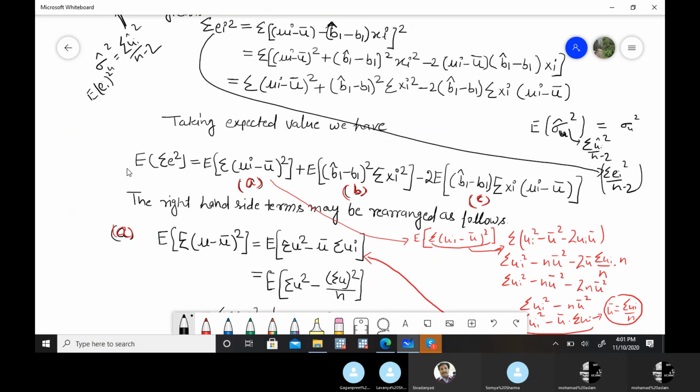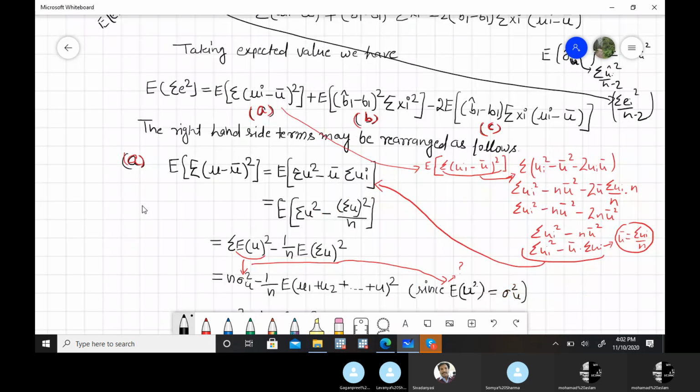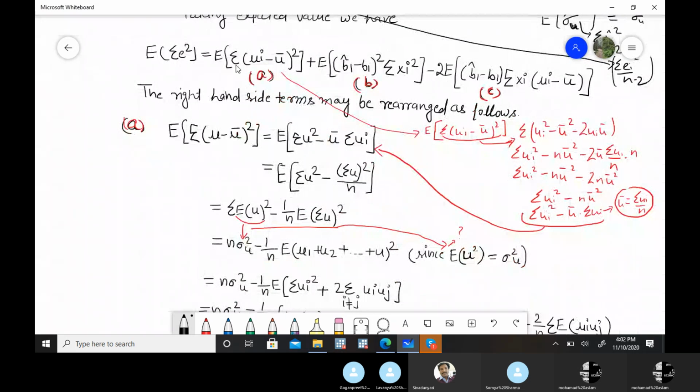Okay, so to get this proof, now we have to derive these three parts one by one. So first, I'm starting with this first part, that is expectation, and within that summation ui minus u mean, square bracket close.